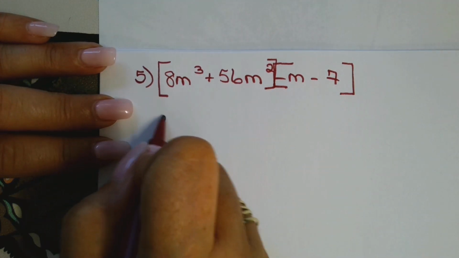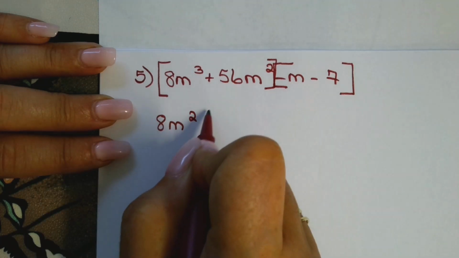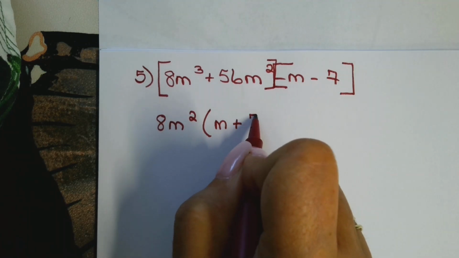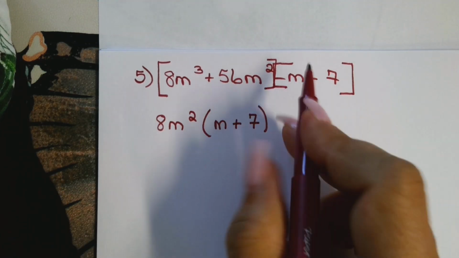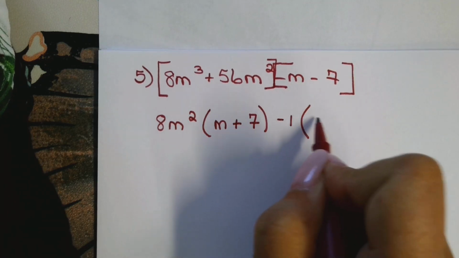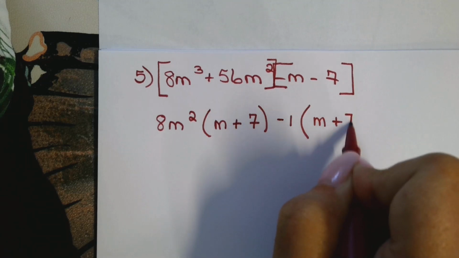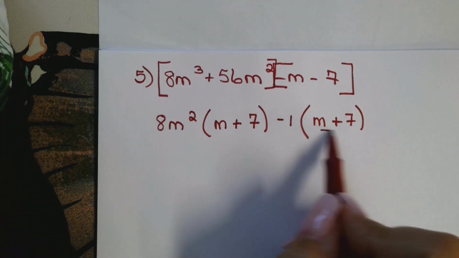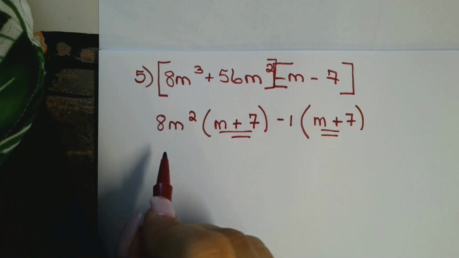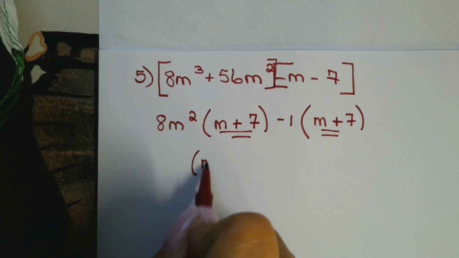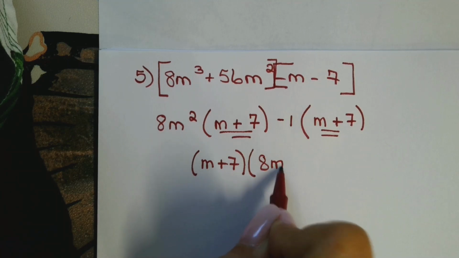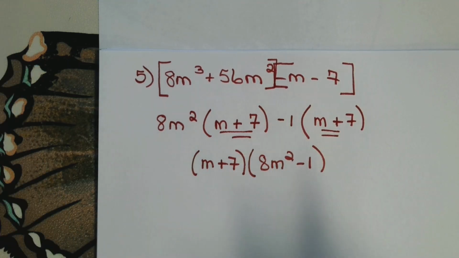Here we're going to pull out an 8m squared, and I'm going to be left with m plus 7. Here I'm going to pull out a negative 1, and I'm going to be left with m plus 7. Notice I did that so that these two would be the same. I pulled out a negative 1. Okay, that's a little trick you do. So your common factor is m plus 7, and you are left with 8m squared minus 1.